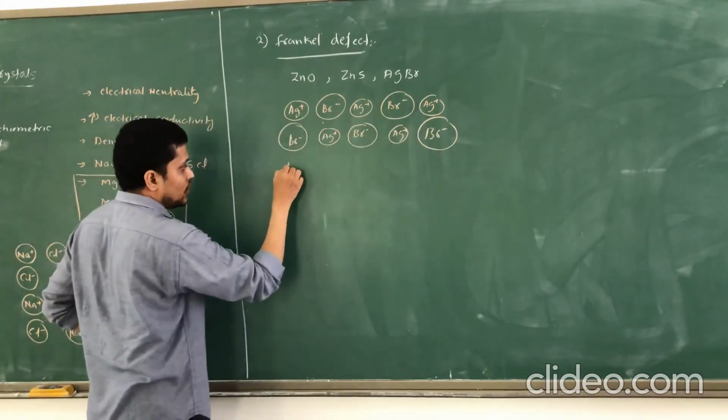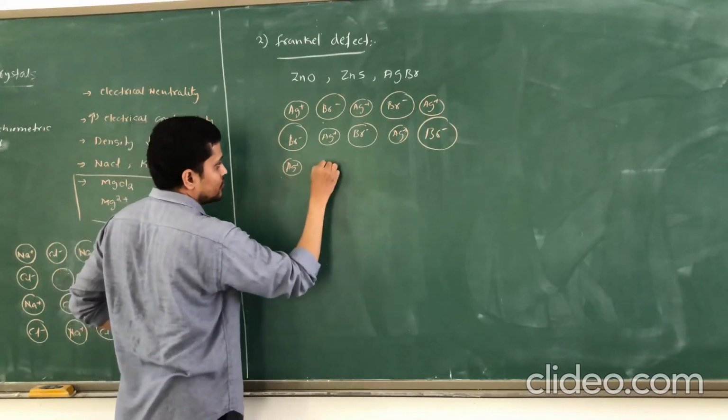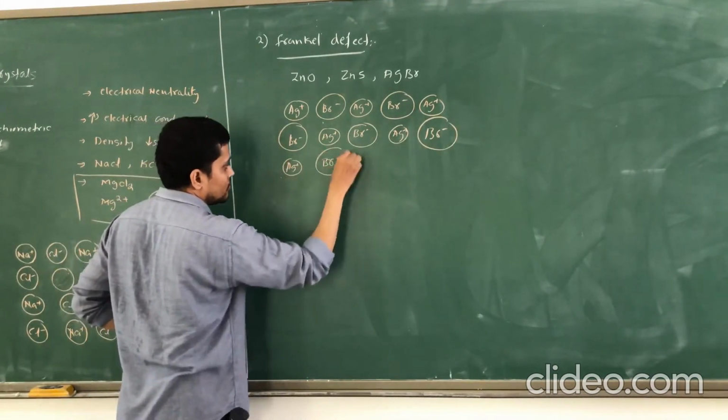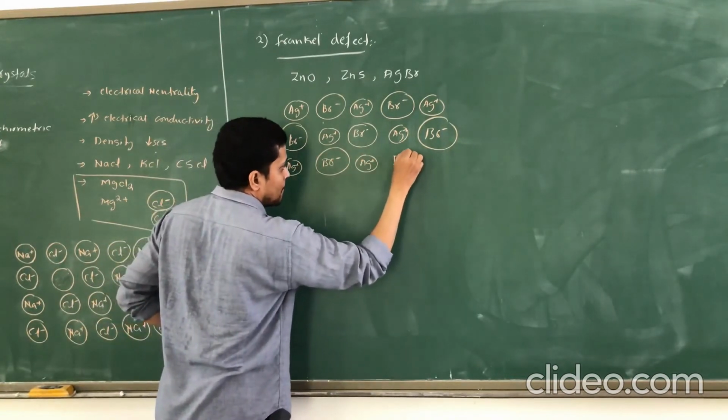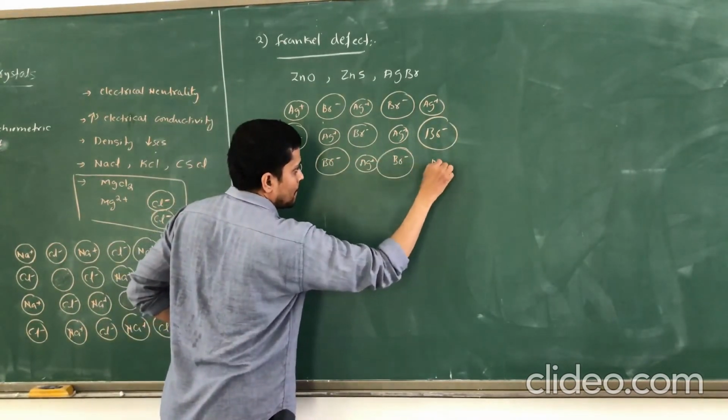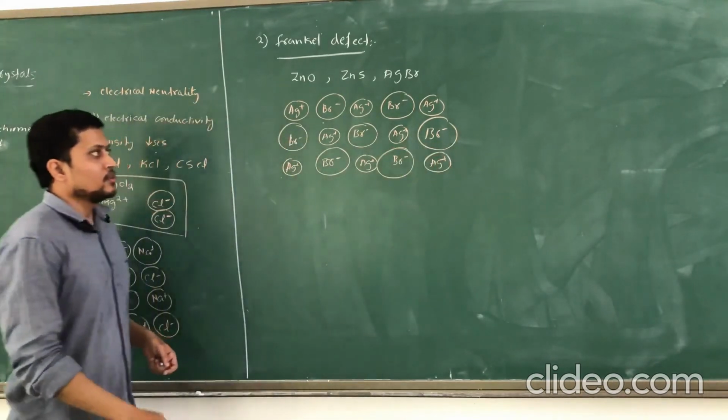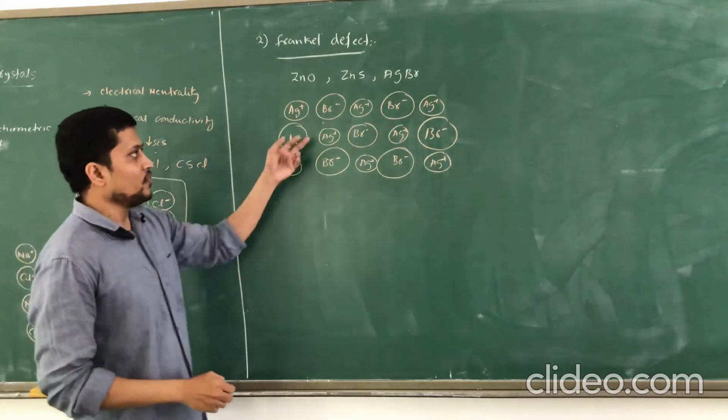So one more row I will draw. Suppose this is the solid of AgBr.